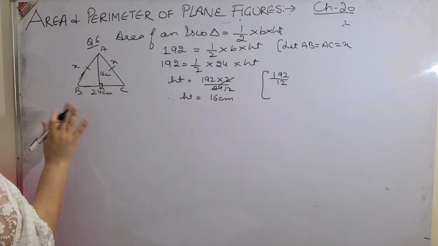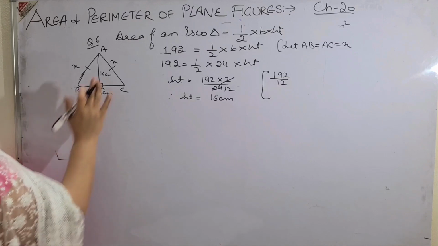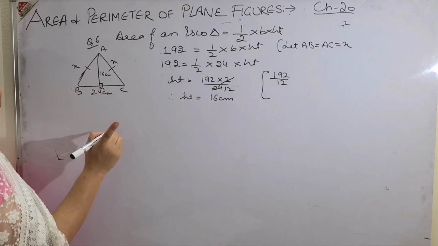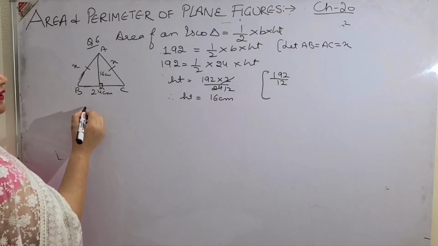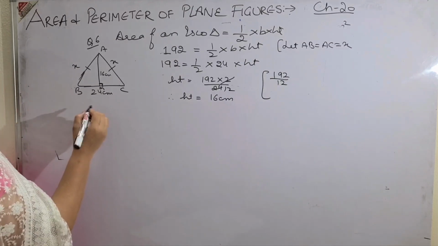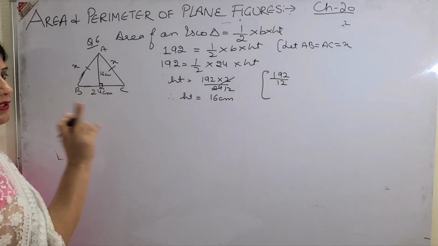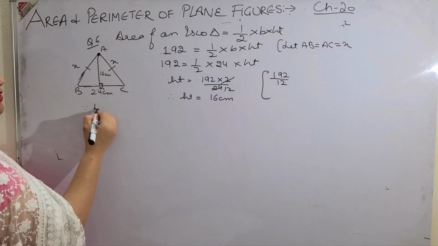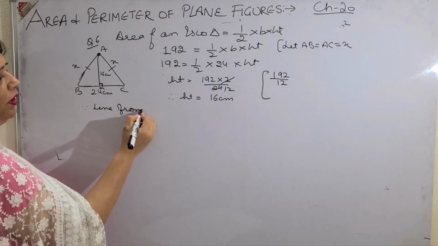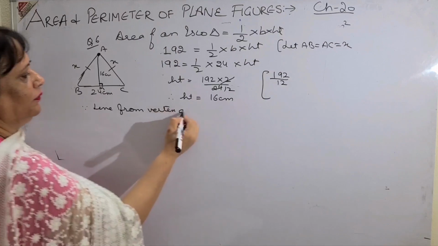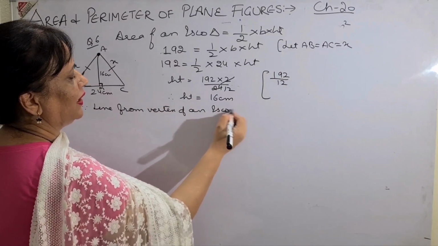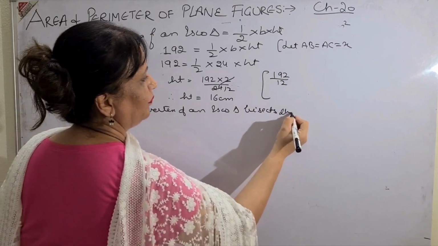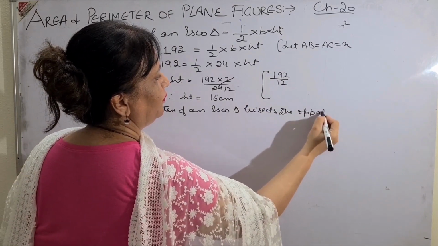Now I am going to mention a very important result because I have to find the value of x. Remember children, in an isosceles triangle, this is the result which has been proved, and you will commit it to memory and you have to mention it in the question, otherwise your marks will be cut. Result: a line from the vertex of an isosceles triangle bisects the opposite side at 90 degree.